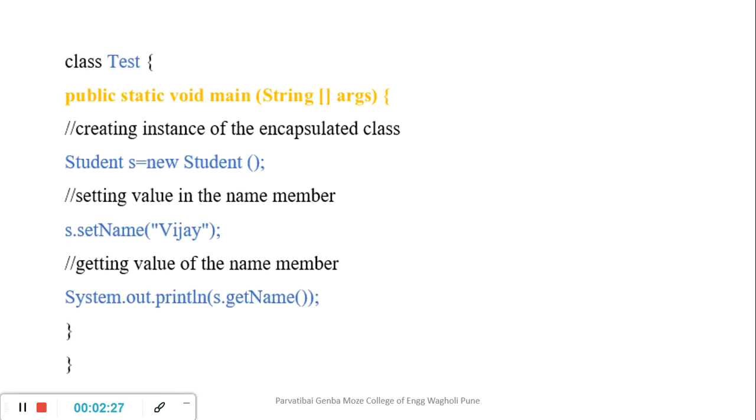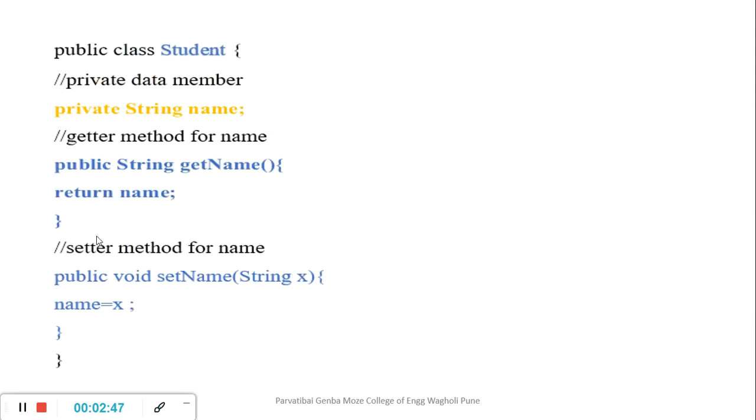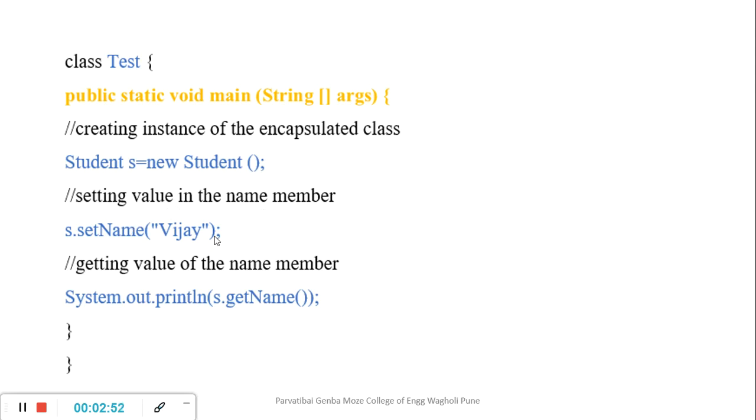Next, if you want to use that Student class, we have created another class, Test, and declared one main method, and then we have created an object of this Student class, Student s is equal to new Student, and we are now setting the value of the name variable. So s.setName, here we have used the setName method to set the name Vijay, and System.out.println(s.getName). So getName is used to get that name.